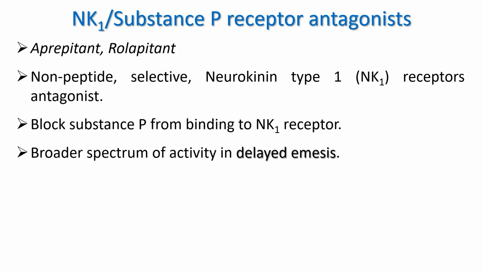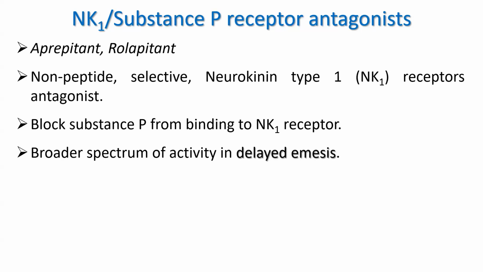There are two phenomena. Certain chemotherapeutic agents, not all, can cause delayed emesis. One is where you give chemotherapy and within 24 hours they experience nausea and vomiting. Then there are other drugs where a few days later they can experience nausea and vomiting. That's delayed emesis, another phenomenon.